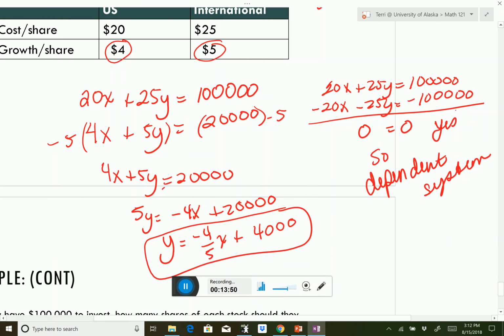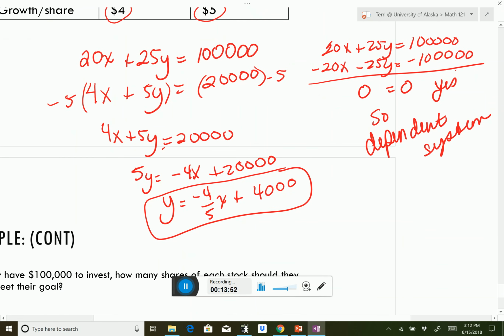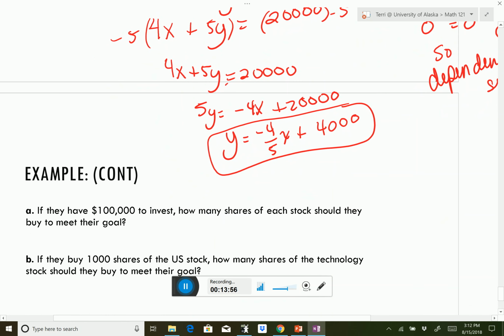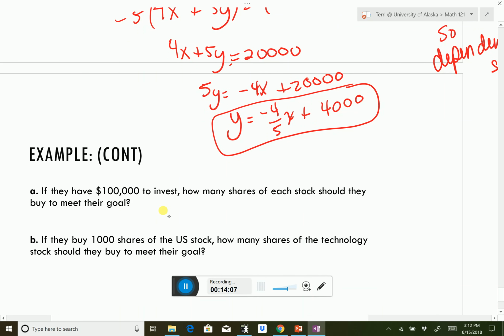So y, how much you put in y, is just dependent on how much you put in x. So it really makes no difference. It doesn't matter.